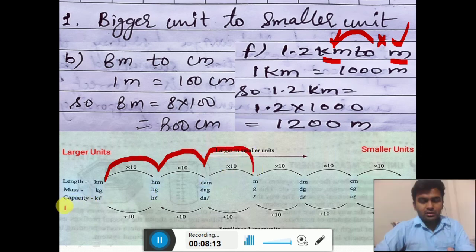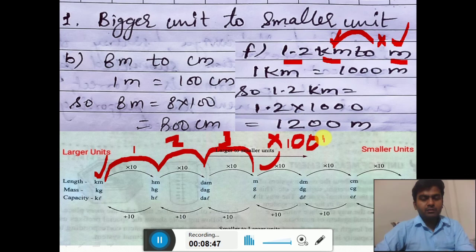So to reach the meter from kilometer, we have to make 3 forward jumps, and we are changing a bigger unit into the smaller unit, so we have to multiply. So we have to multiply the given number 1.2 by what number? By 3 times 10, or 1000.